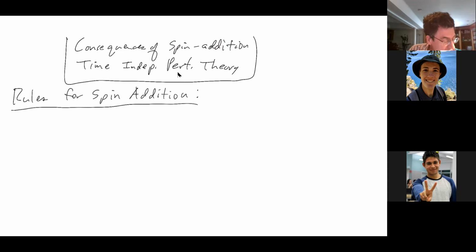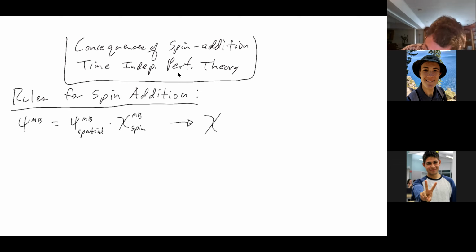The idea for spin addition is that we have some many-body wave function, and we want to write it as a spatial part times a spin part. And so the question is, how do we write the spin part? How do we represent it? That's the question we're trying to answer.